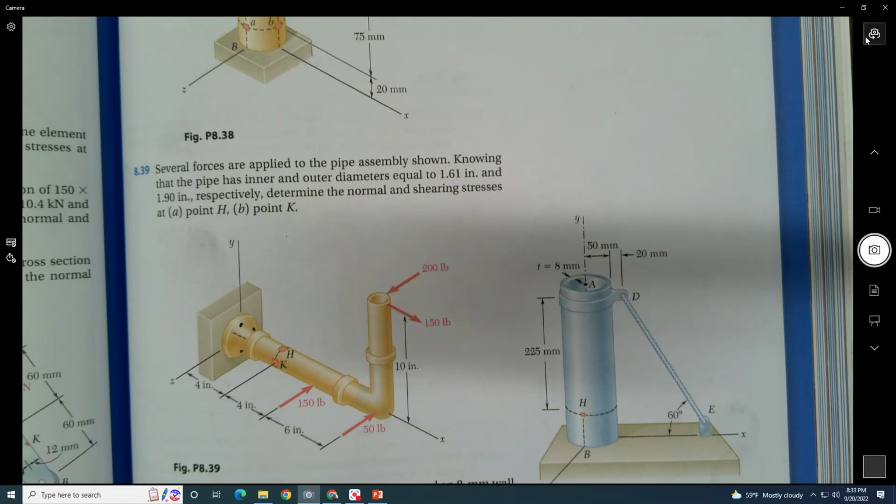All right, so we're looking at a stress element there, a stress element there. I don't know what these things are supposed to be. Oh, that's supposed to be like an elbow, okay.